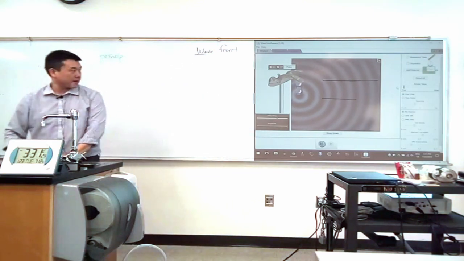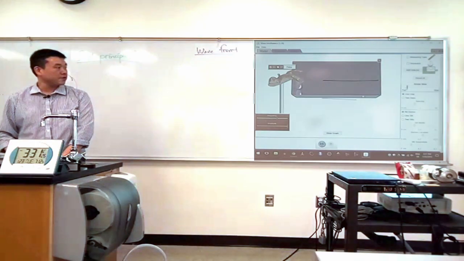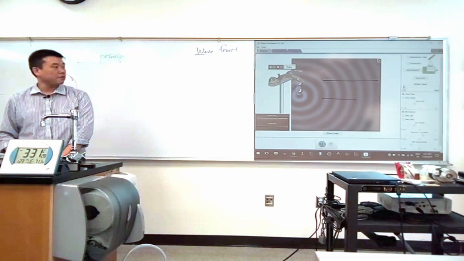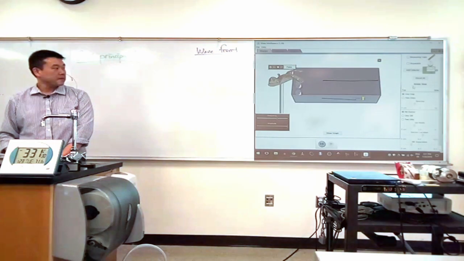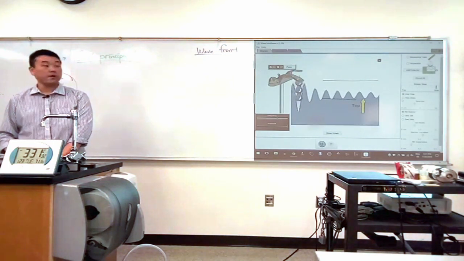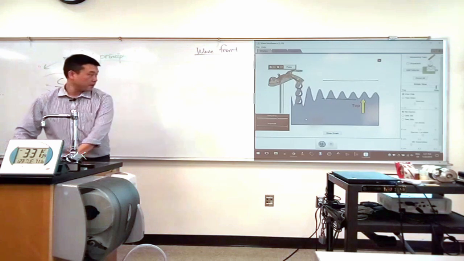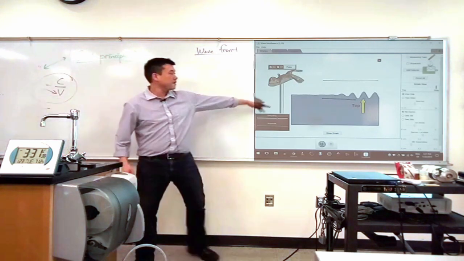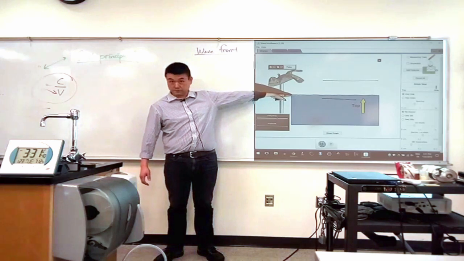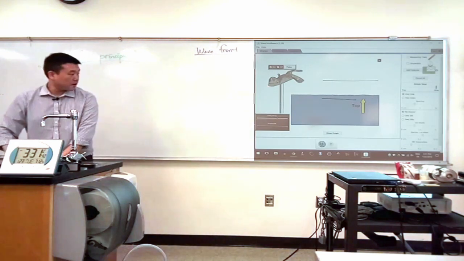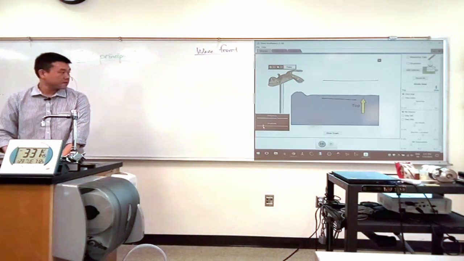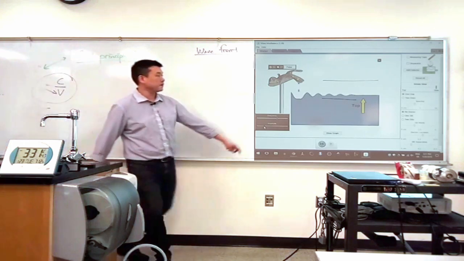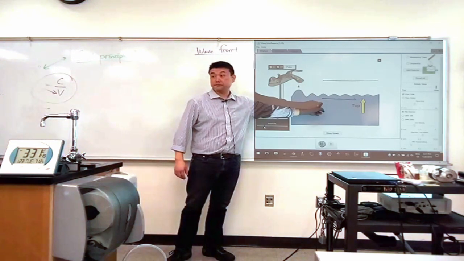But what you can definitely say is that the wave is a variation of the water level. There's some particular level the water would be at if there was no drop at all, and as the drop disturbs the water, it causes this ripple.